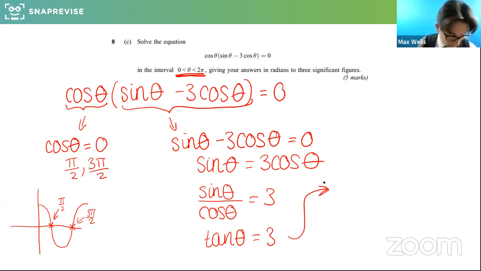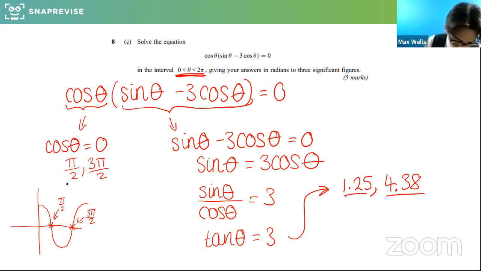So let's have a little look. This one we have just solved, and this time we don't need to halve it or double it or anything. The two values we got there were 1.25, if I remember correctly, and 4.39. And these are in radians as well. So there's my 4 solutions to that problem.